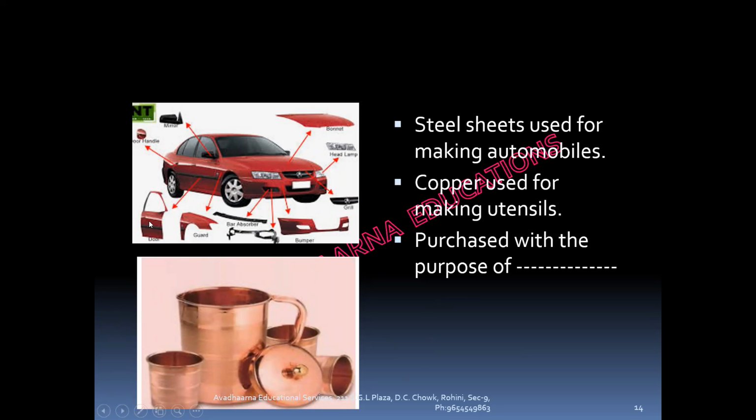You purchased the steel sheet, molded it, shaped it, made different components and body parts of the car. The steel completely changed its shape and design. In the same way, copper is being converted into utensils. So they are being used up. The steel and copper are being used up in the production process and have completely changed their shape or appearance, so they will be termed as intermediate goods.